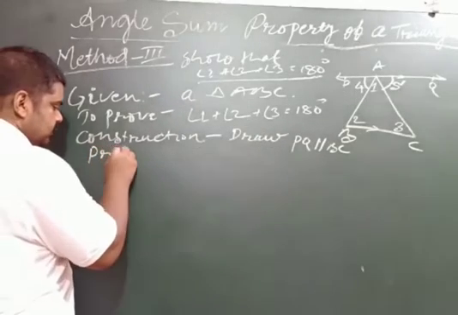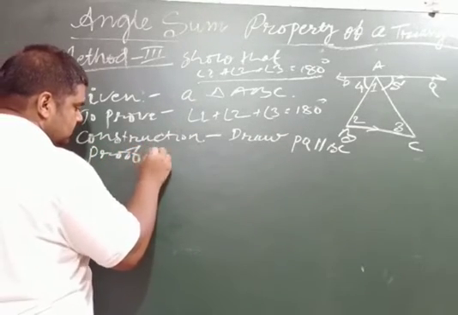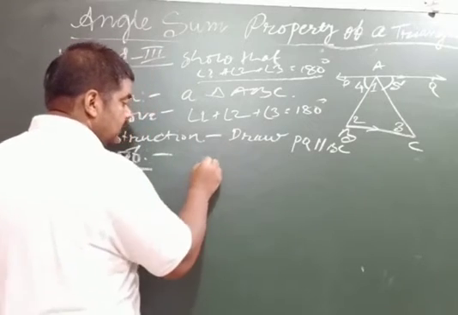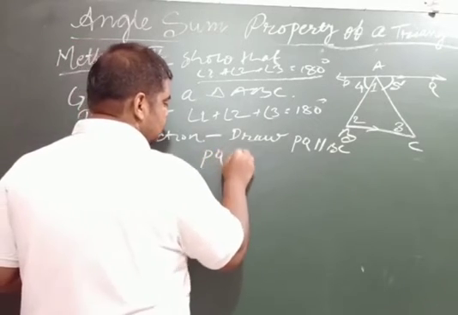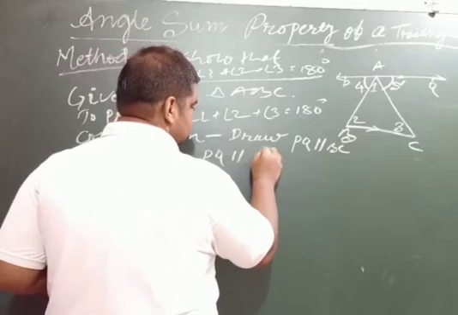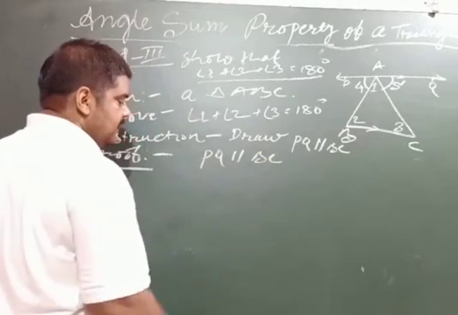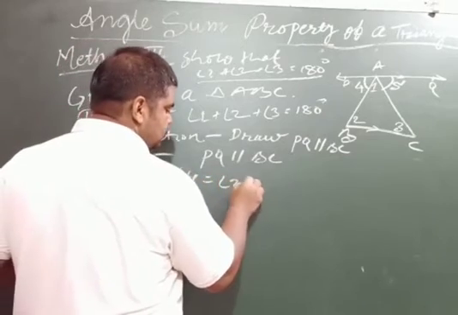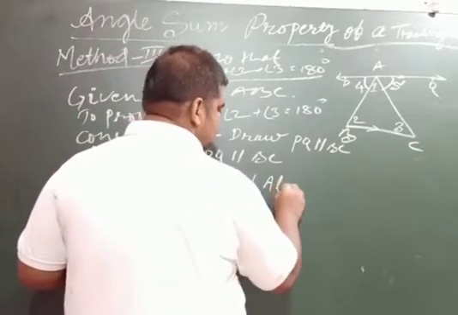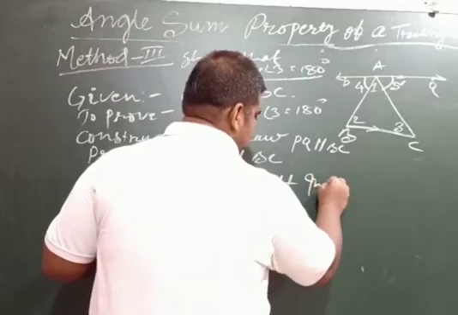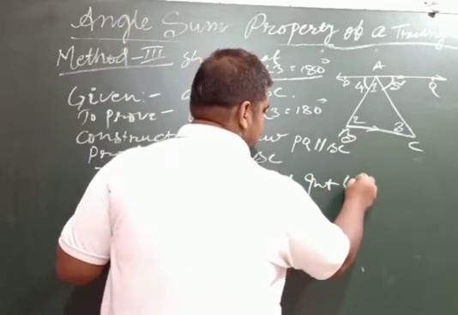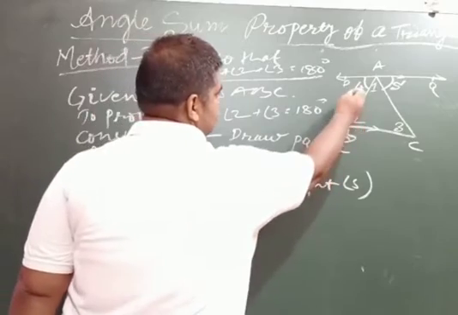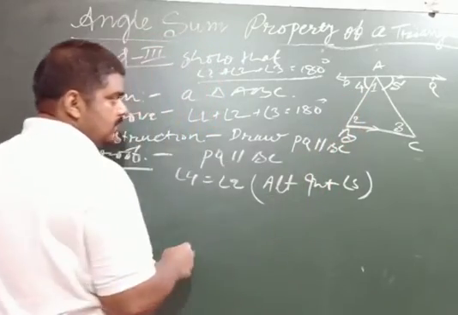Let's start the proof. Since PQ is parallel to BC, angle 4 is equal to angle 2 by alternate interior angles.